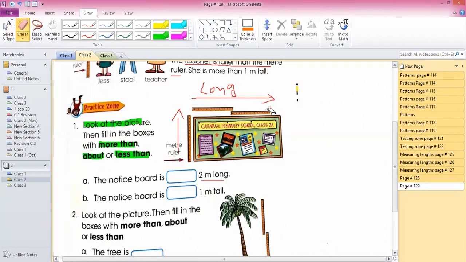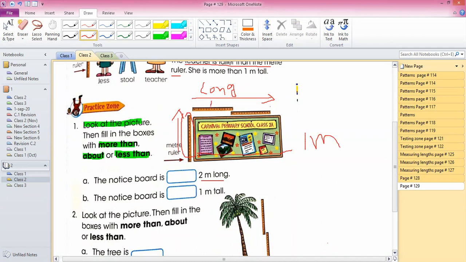So guys, you know that for long you have to check it horizontally. Now, this one ruler is equal to 1 meter. This one ruler is equal to 1 meter. There are two rulers.